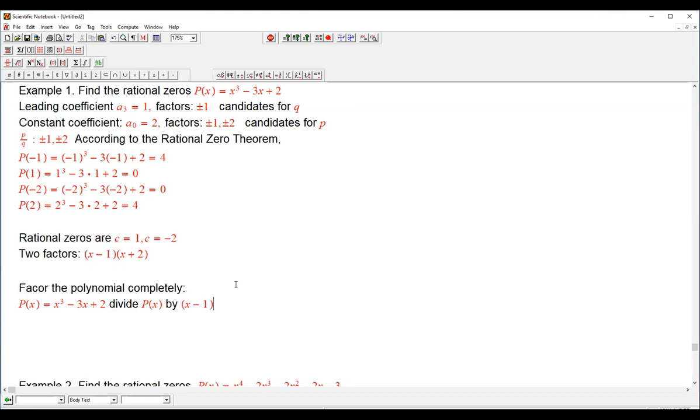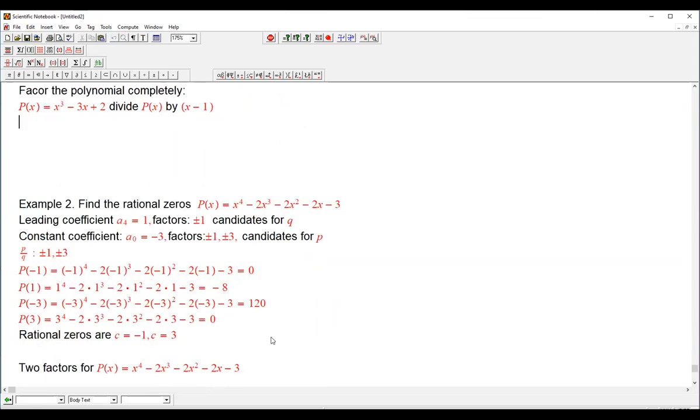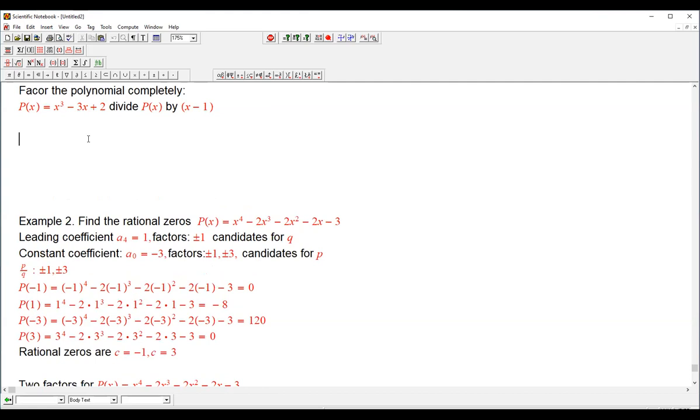Okay, so we're going to do it step by step. Long division set up. Okay, so here's the divisor.